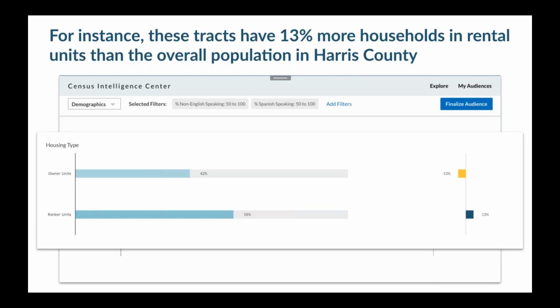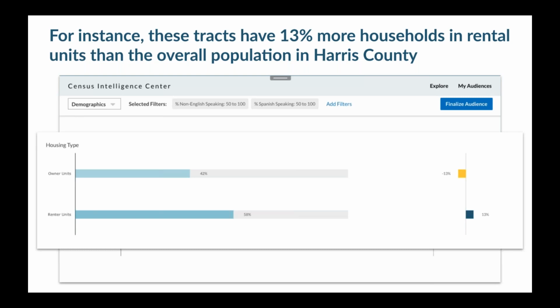Not everyone is going to be a renter in these tracts, of course, but as someone doing the work on the ground to collect census responses, when you're thinking about how to target the people in these census tracts, not only should you be thinking about how to connect with people who are more likely to be Spanish speakers, but also how to design your outreach and engagement to account for the fact that a lot of people are going to be renters, more mobile, living in different types of housing than others, which makes them more difficult to reach.